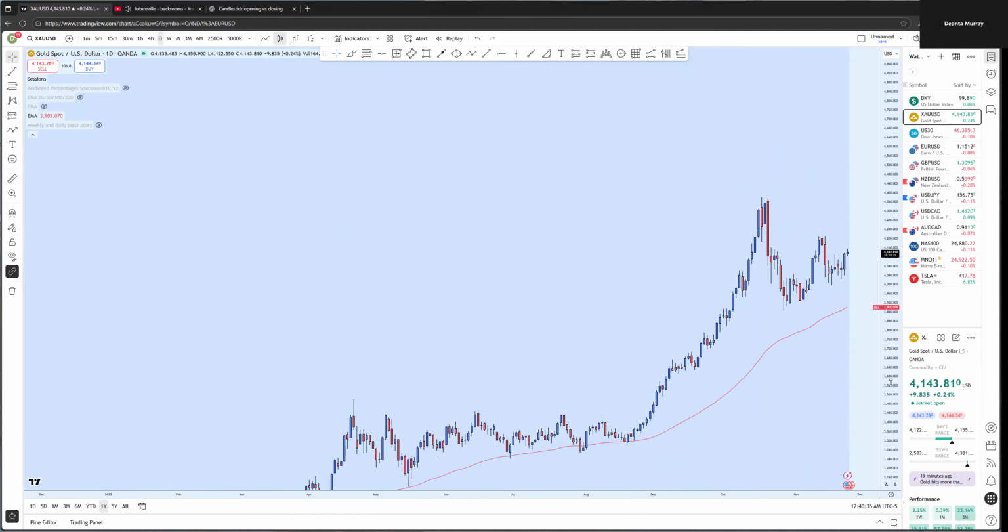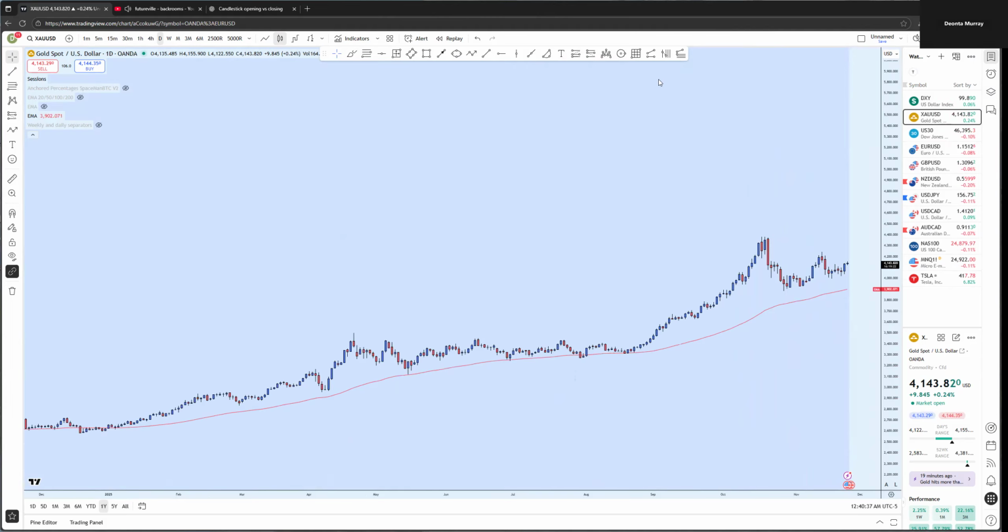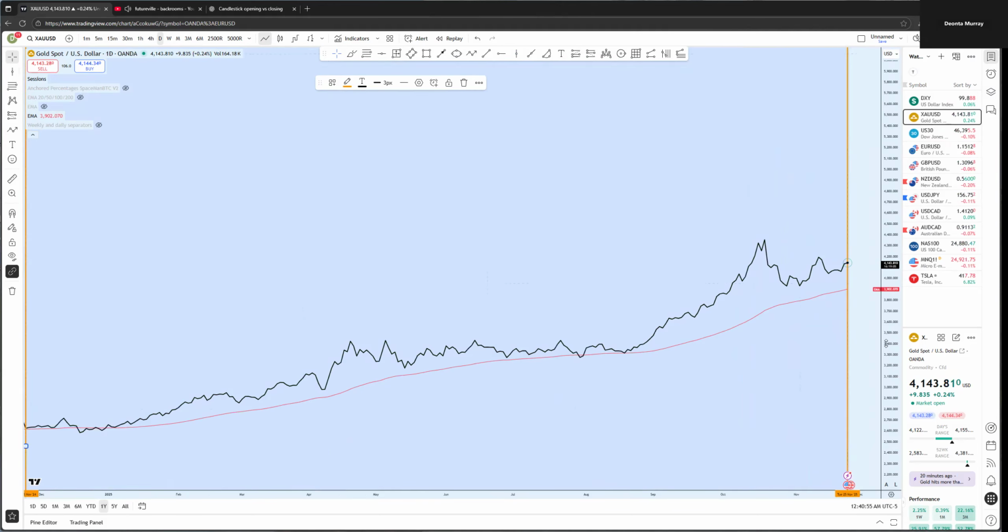Basically, you want to go back to the 1 year mark of where we're currently at. So if we're currently at November 25th, you will want to go back to at least November 25th or 26th. Boom. Now you put on the line chart.